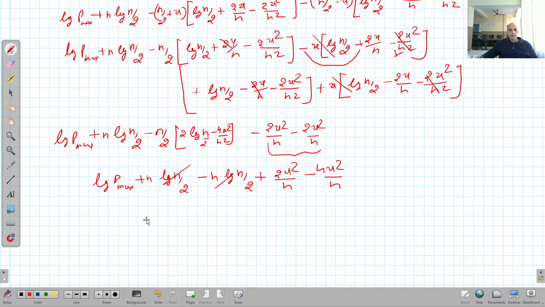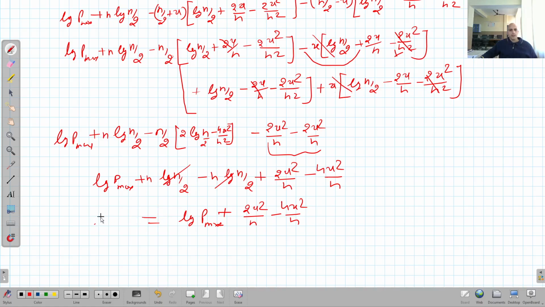So this got cancelled. I am left with the log of p maximum, right, minus here it was, sorry, plus 2x square upon n minus 4x square upon n, right?